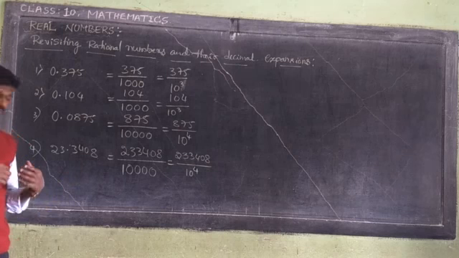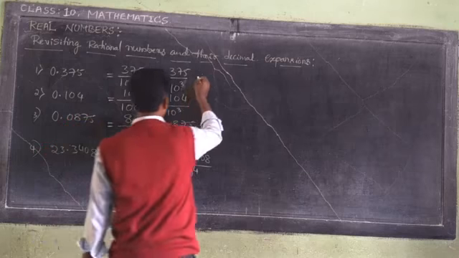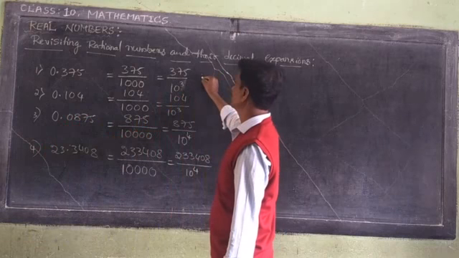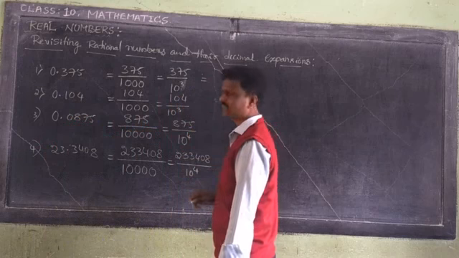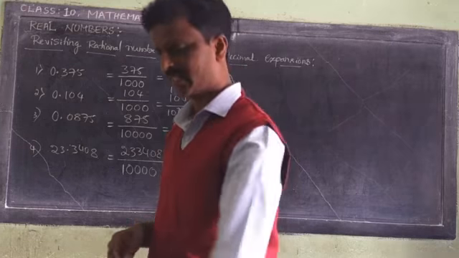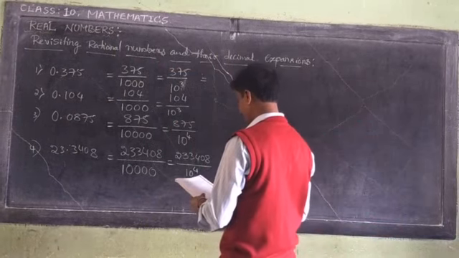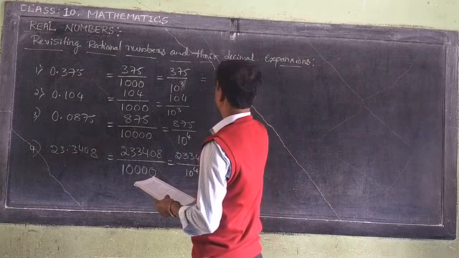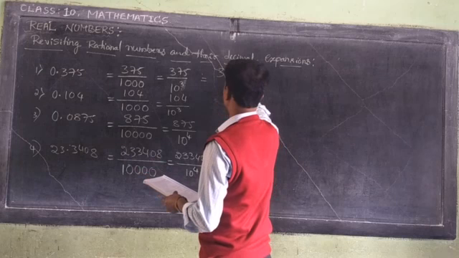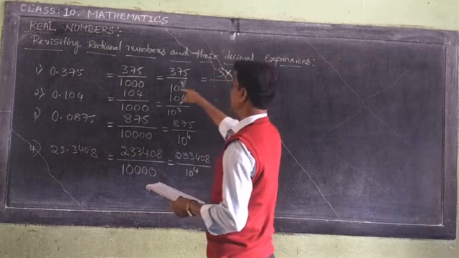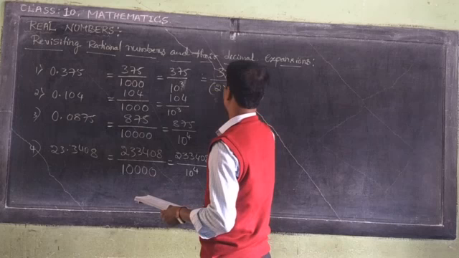Here one more simplification is needed. How do we write 375 as a product of primes? 375 can be written as 3 into 5 cube, and 10 cube can be written as 2 into 5 whole cube.